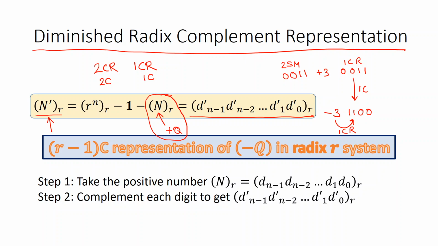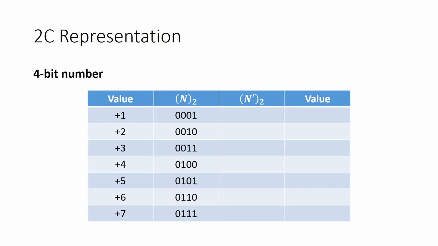These are the systems which we work with because these give us very easy complements of numbers, and in these systems the normal binary addition algorithm works in case we want to subtract a larger number from a smaller number or a smaller number from a larger number. There is no problem in doing the subtraction with the help of the complement represented numbers. So that is the beauty of the complement representation.